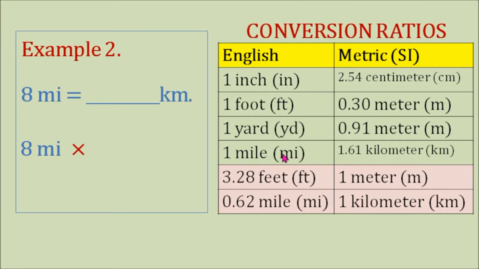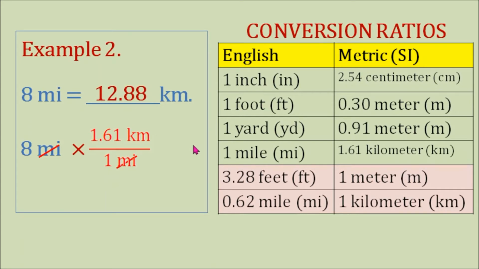So we are going to make a fraction that shows mile on the denominator in order for us to cancel out mile. And that's 1.61 kilometer over 1 mile. So mile cancels out, so that means 8 times 1.61 over 1, and that's 12.88.